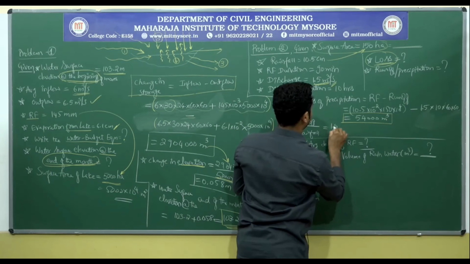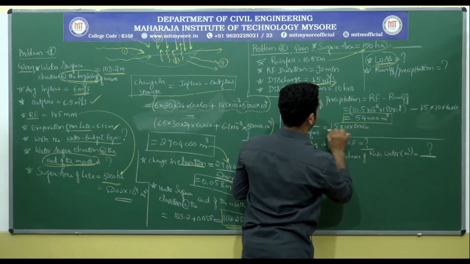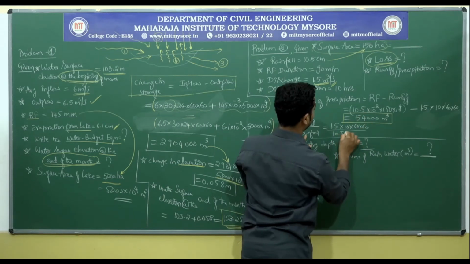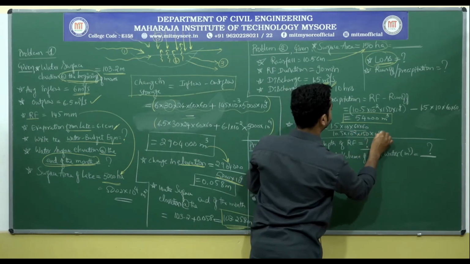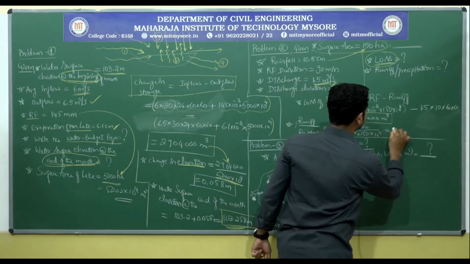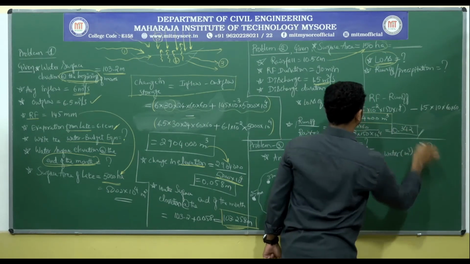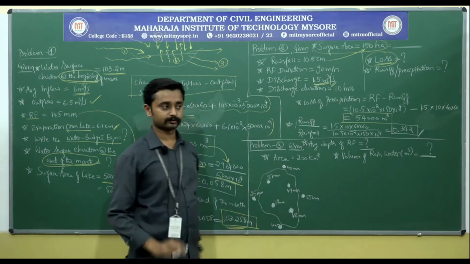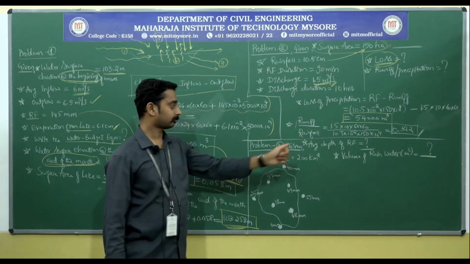This is 1.5 into 10 into 60 into 60, divided by rainfall, 10.5 into 10 power minus 2 into 150 into 10 power 4. That gives 0.342. This is the ratio of runoff to rainfall. Simple.